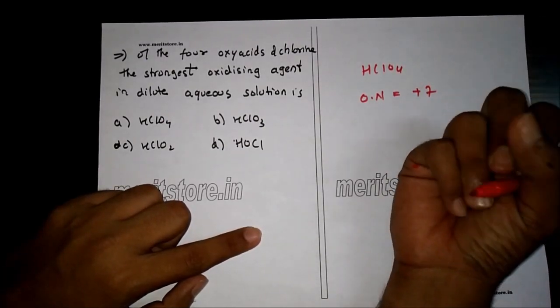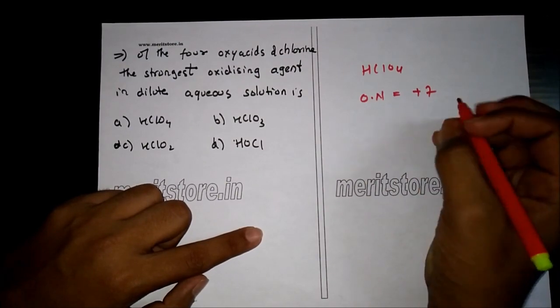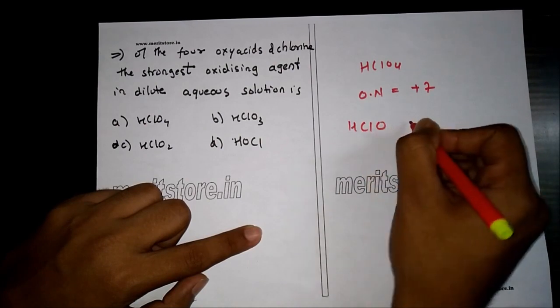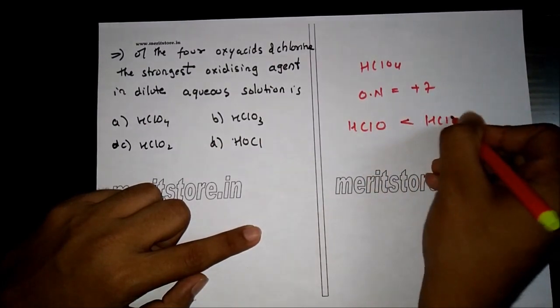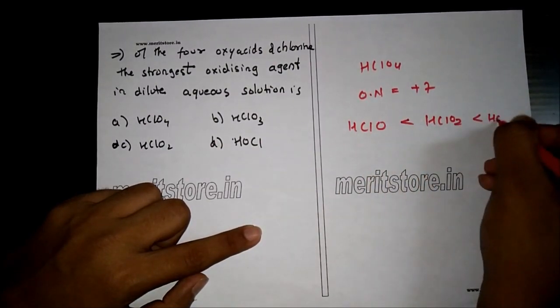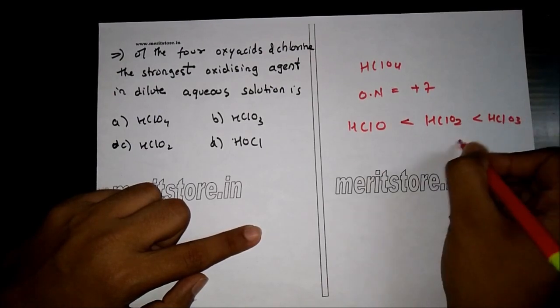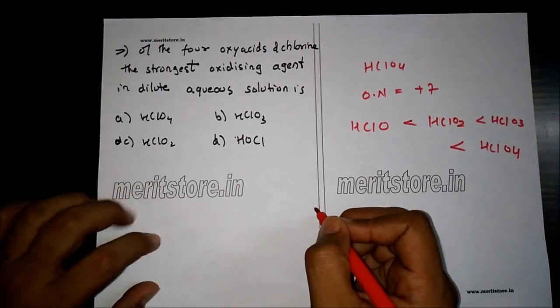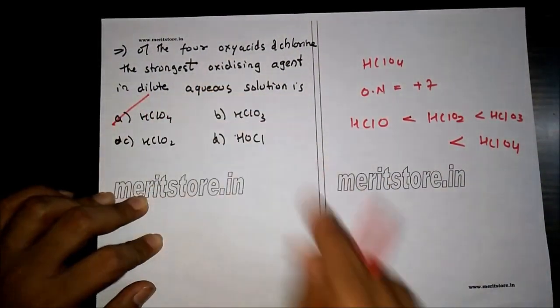The oxidizing agent is strongest when its oxidation number is highest. The correct order will be HOCl is weaker than HClO2, which is weaker than HClO3, which is weaker than HClO4.